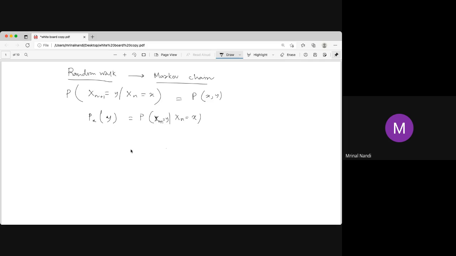Or maybe some event A, then it is the probability of xn plus 1 belongs to A given xn is equal to x. So we start from x and forget all the previous history. We can consider that as the initial distribution. Time is now 0, so we can rename xn equal to y0, xn plus 1 as y1, and forget all the previous things.